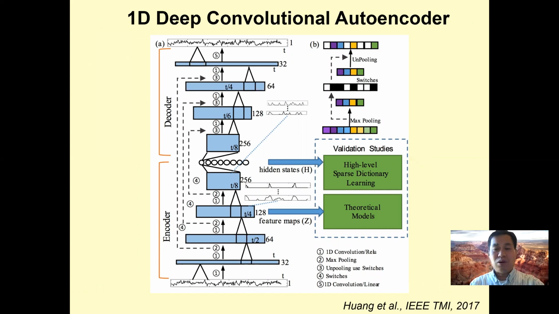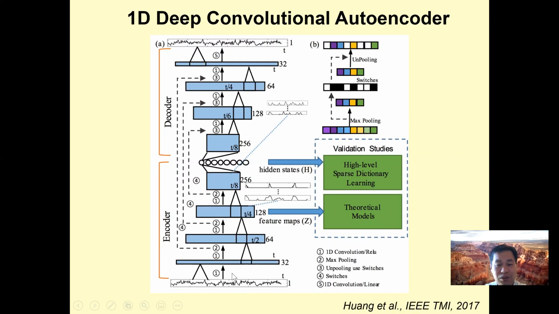How are we going to model the fMRI data using a multi-scale hierarchical structure based on a deep learning model? In 2017, we worked on what is called a deep convolutional autoencoder for one-dimensional fMRI time series. The idea is that the input and output are both the original fMRI time series.